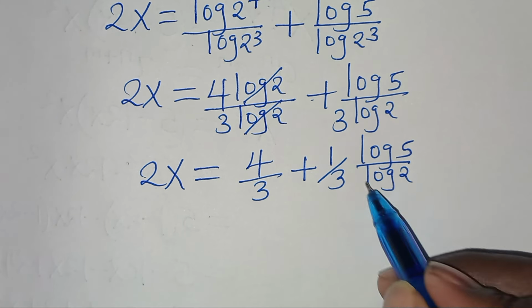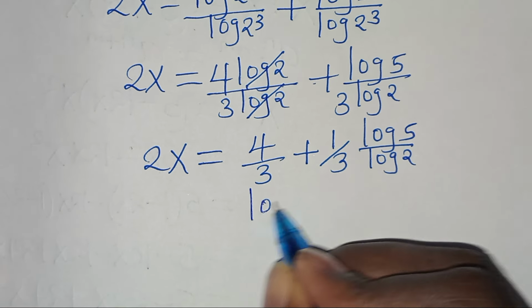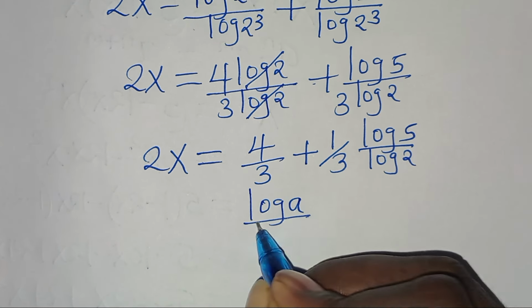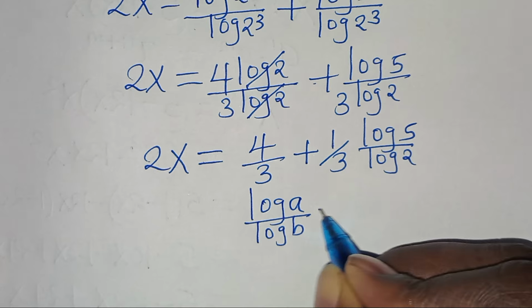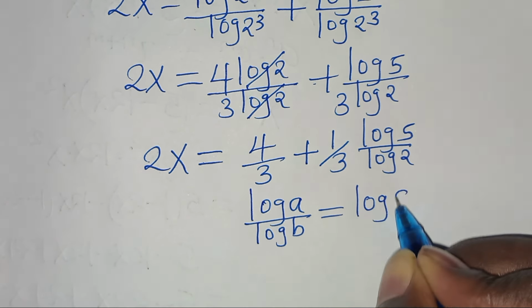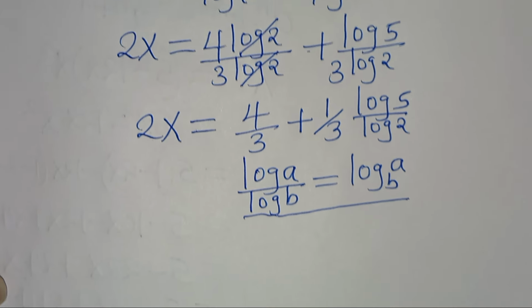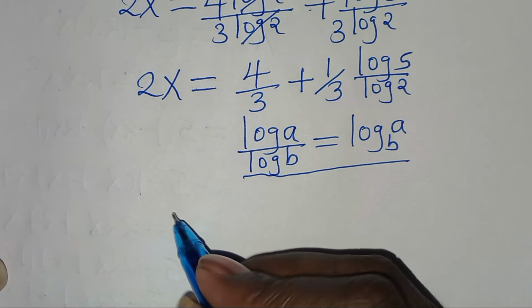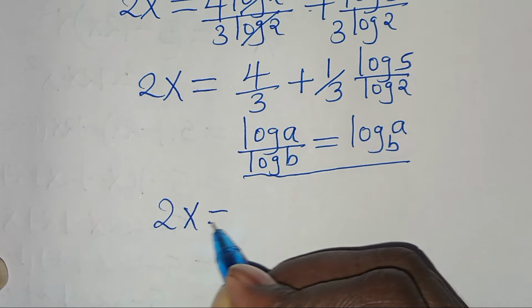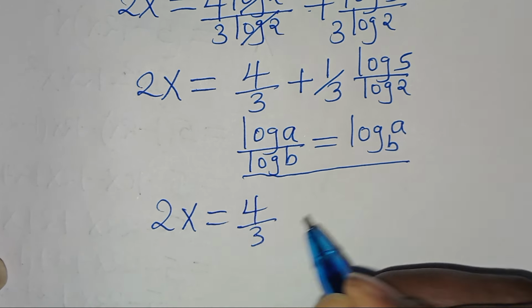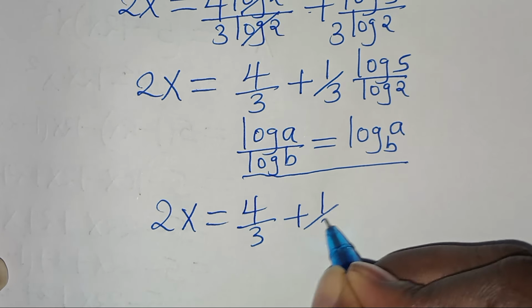Now, log 5 over log 2, this is in the form of log a divided by log b, which we can express as log a to base b. Now let's apply this logarithm property so that now we have 2x. This is equal to 4 over 3 plus 1 over 3.